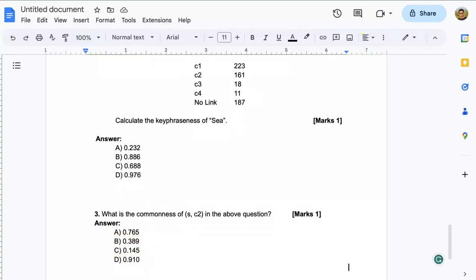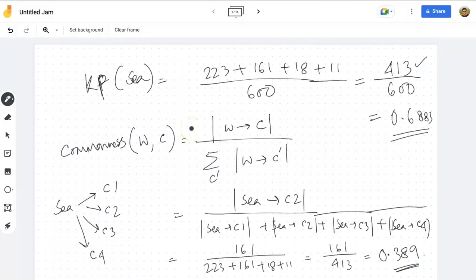Similarly, here we checked the commonness between C and C2, and in the same way we can calculate the commonness with C1, C2, C3 and C4.